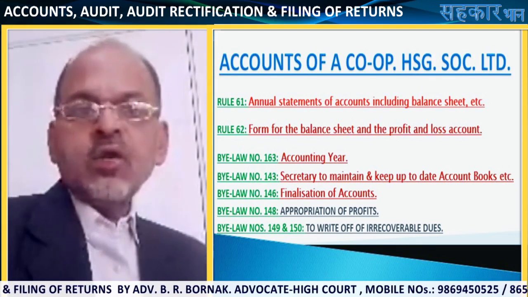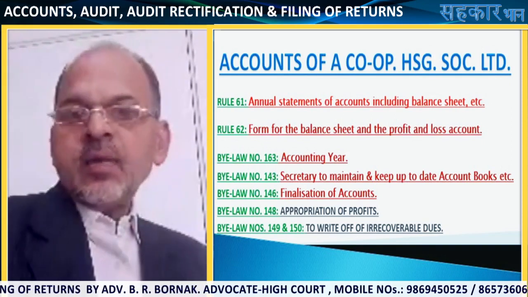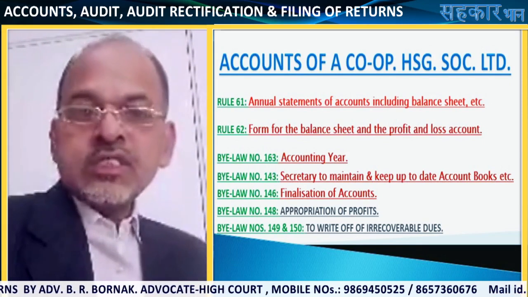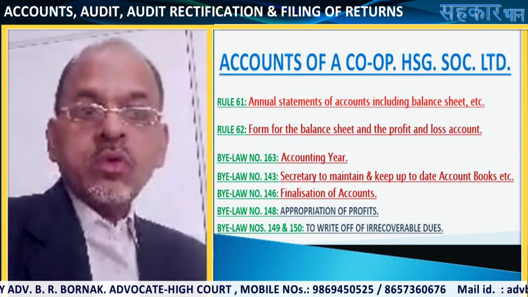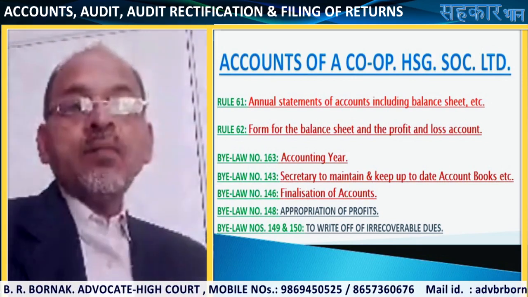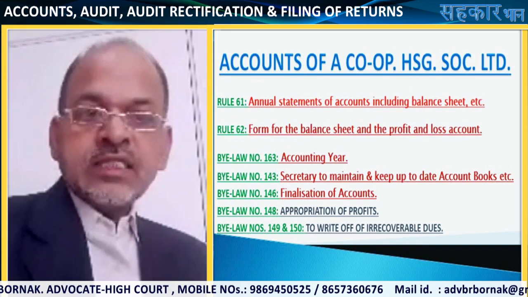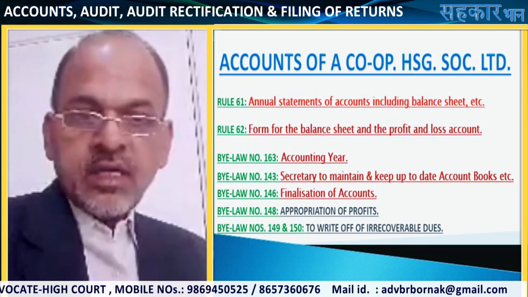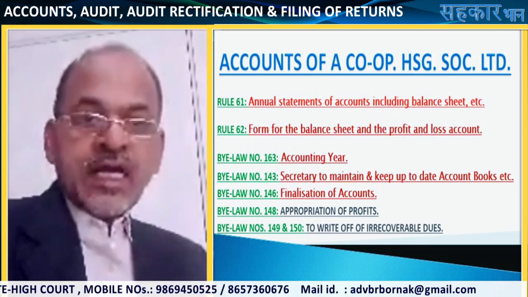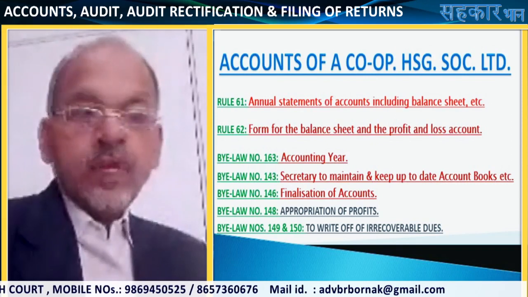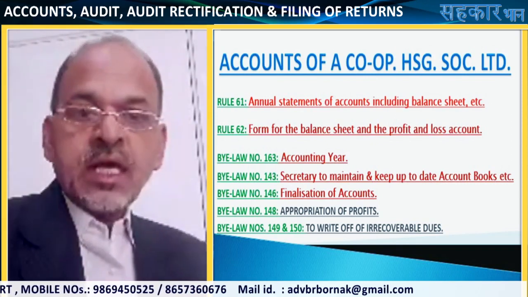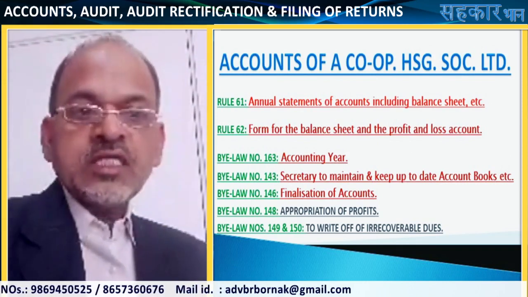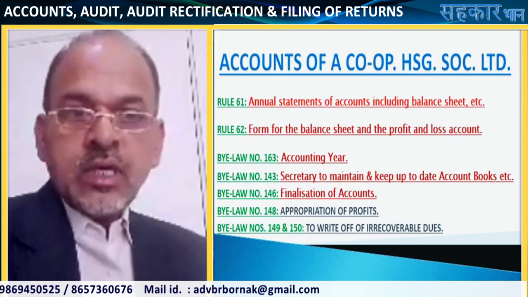Now, so far as accounts of a Cooperative Housing Society Limited are concerned, there are legal provisions in Rule 61. The provisions in Rule 61 provide for annual statements of accounts including balance sheet, etc. Rule 62 provides for form for the balance sheet and profit and loss account. Besides that, bylaw number 163 provides for accounting year.